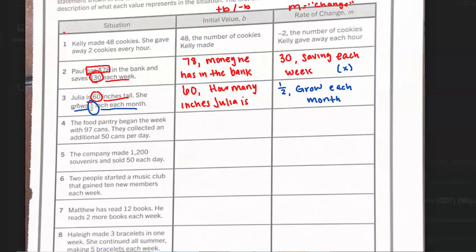Pretty simple, right? The food pantry began the week with 97 cans. So it began the week, means it's starting off the week. So 97 cans, and that's what it began the week with. They collected an additional 50 cans per day.